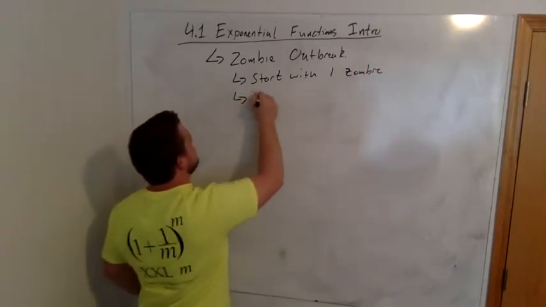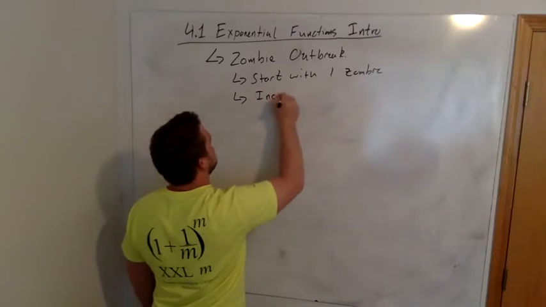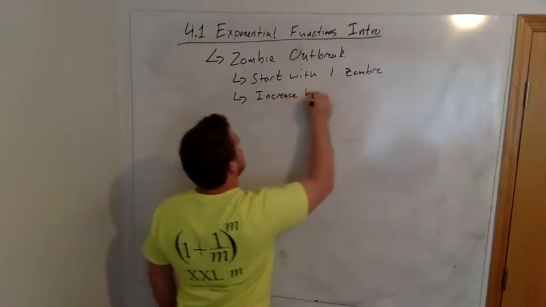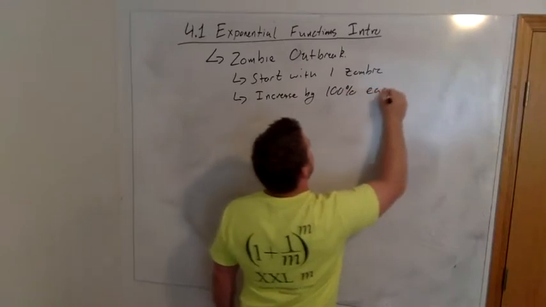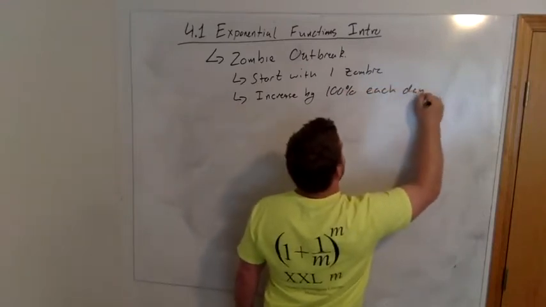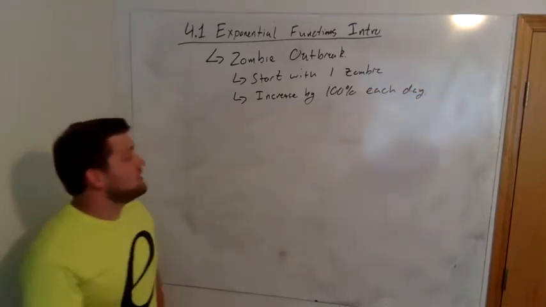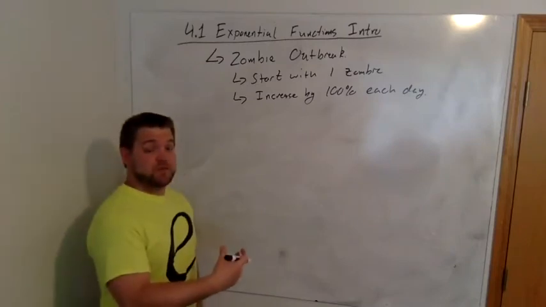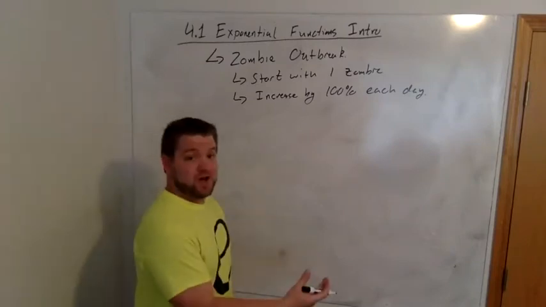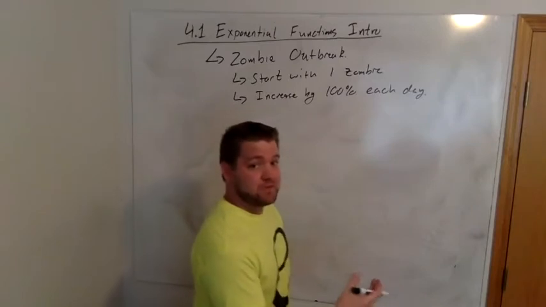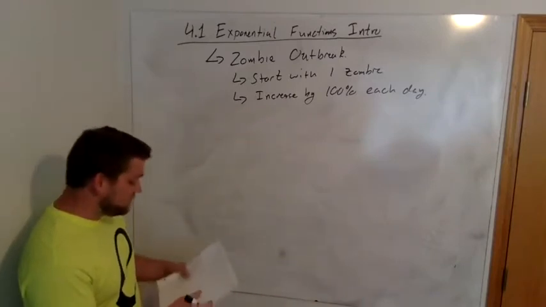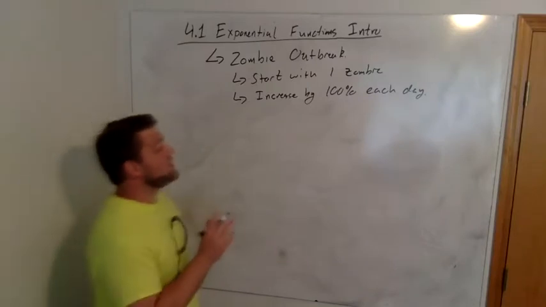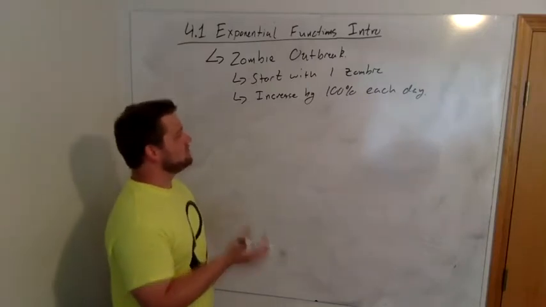And let's say it increases by, let's say, 100% each day. So what I mean by increasing by 100% each day is you start out with one zombie, the next day there will be two zombies, the next day there will be four zombies, so the population increases by 100% each day.